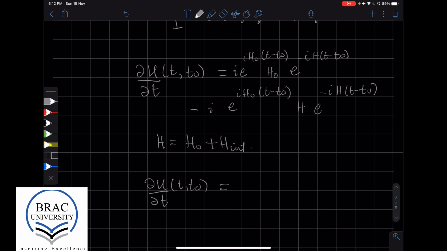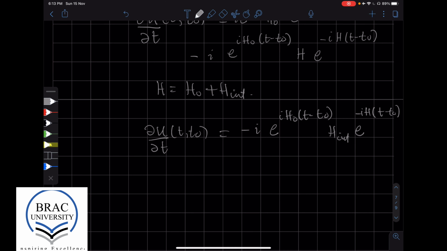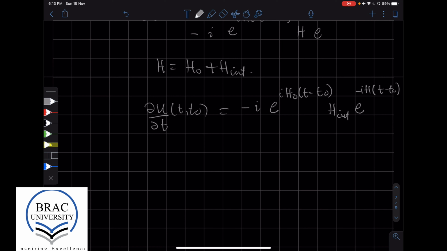This is going to be given by minus i e to the power i H0 (t minus t0) H int e to the power minus i H (t minus t0). So then what we can do is rewrite the right-hand side.